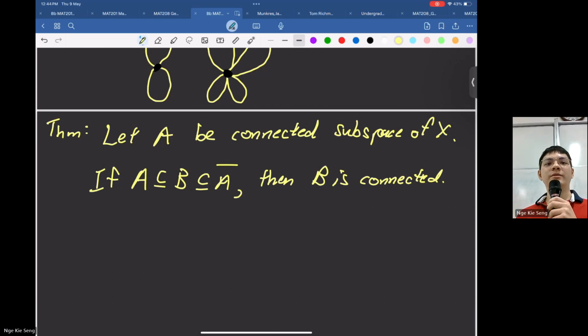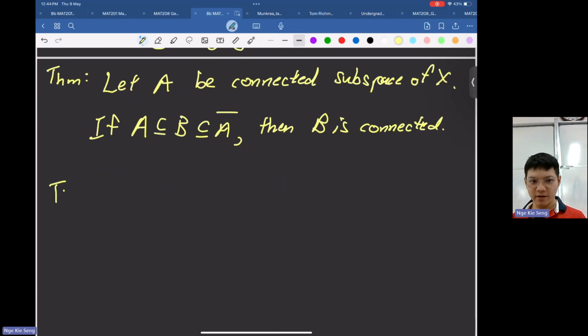Yeah, this one is a very good exercise. You can try and work it out.